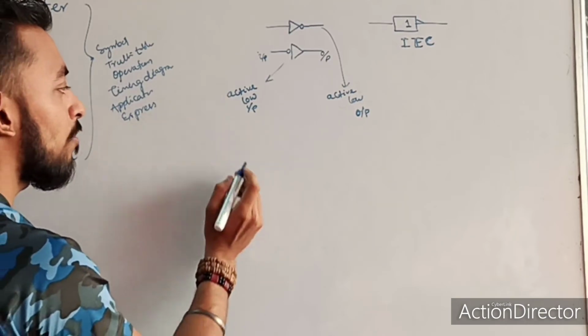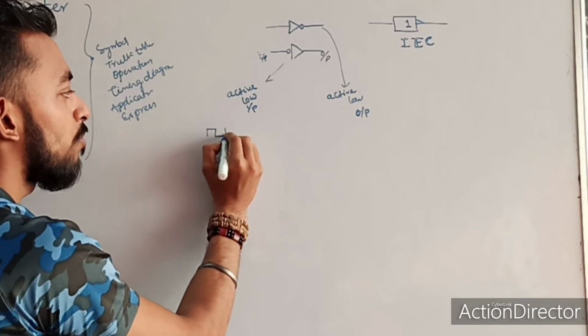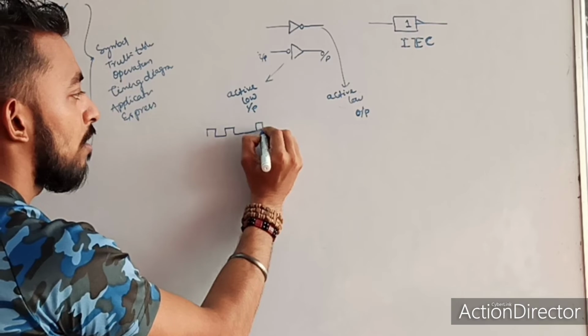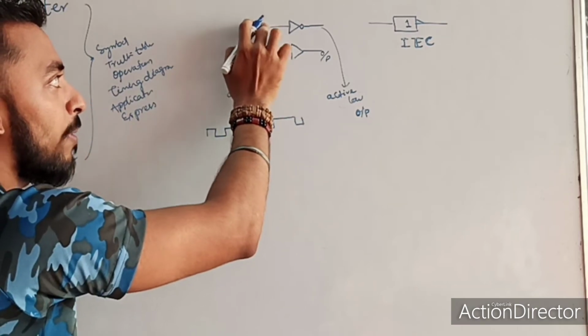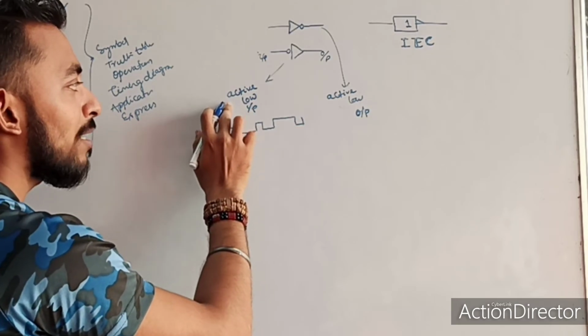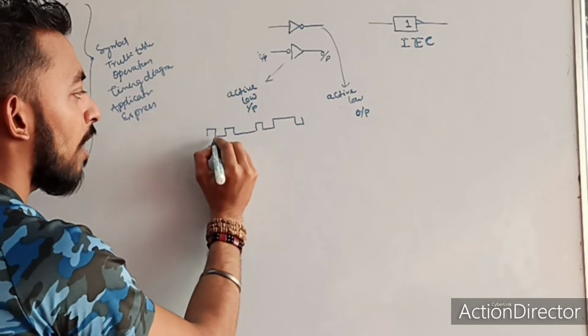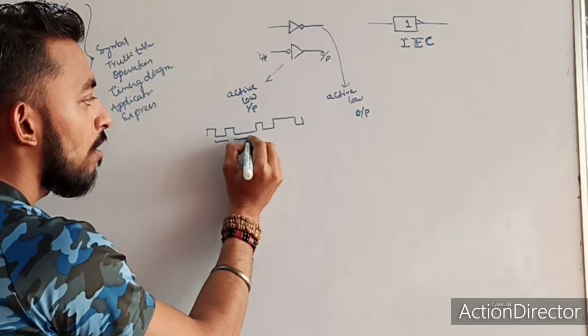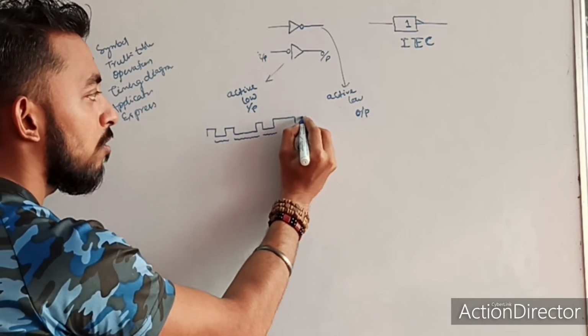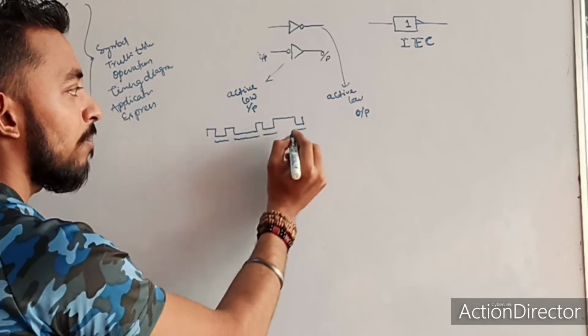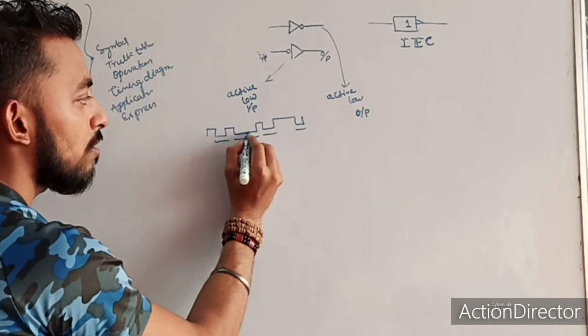So what do you mean by active low? Suppose this is an input signal, that is number of pulses applied to this inverter. Then what do you mean by active low input? From this input signal I am going to take the values of input for which it is low, the strength is low, or the signal level is low. So these are the range for which the signal is low.